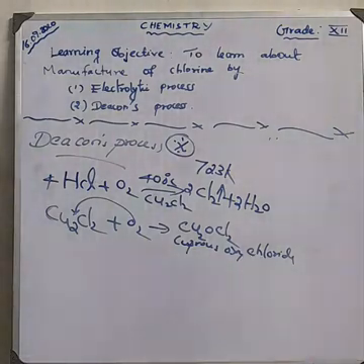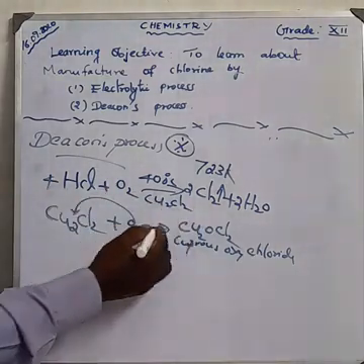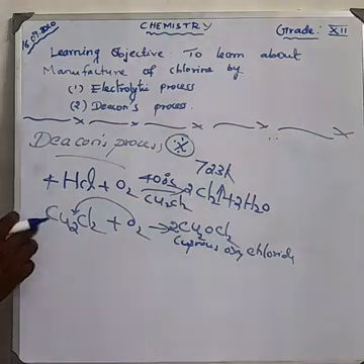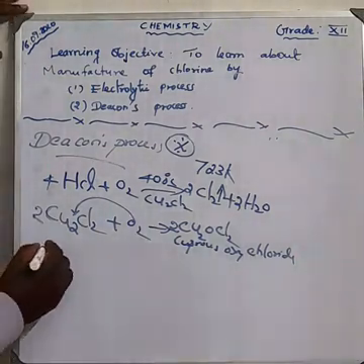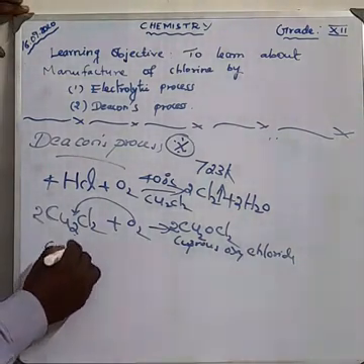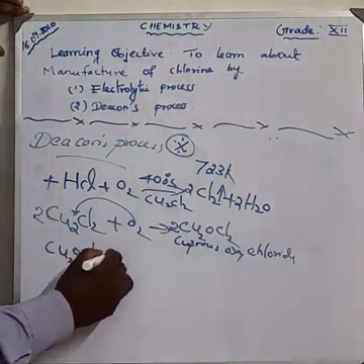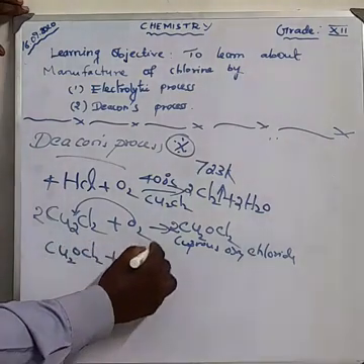How can we balance the equation? Here having 2 oxygen, here having 1 oxygen, so make it 2 here. Here also make it 2. Now the equation is balanced. Next, the cuprous oxychloride, Cu2OCl2, which we are saying about the bleaching powder, reacts with hydrochloric acid, HCl.